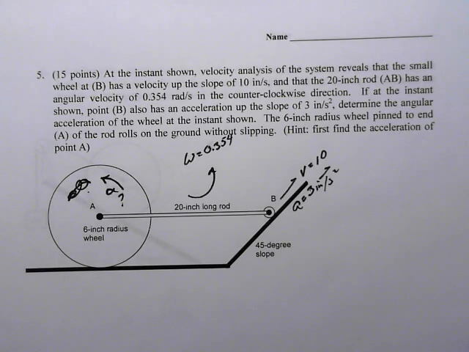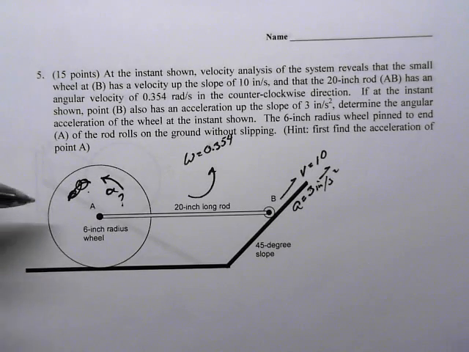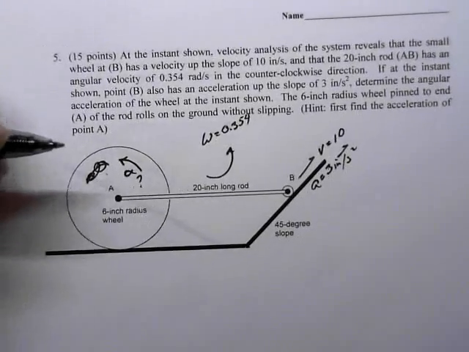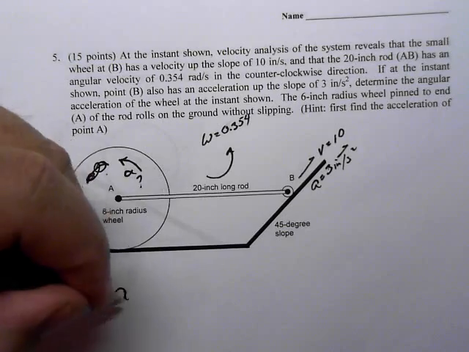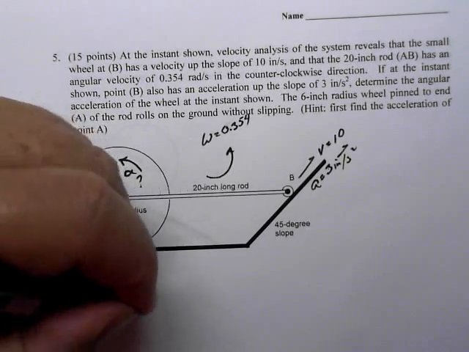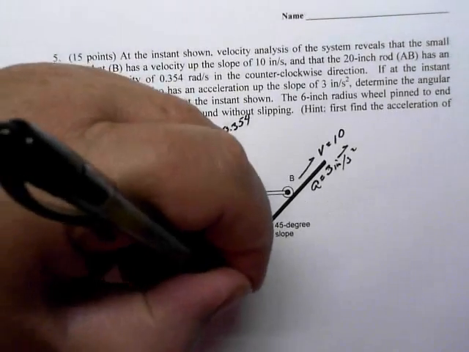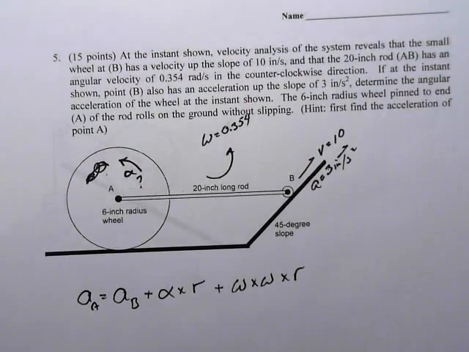Now, looks like the velocity problem has been done for us. We don't know omega of this wheel, but we may or may not need the omega of this wheel, and if we do, we'll go get it. So let's go ahead and start with the hint. It says find the acceleration of point A. So the acceleration of point A is equal to the acceleration of point B plus some alpha cross R plus an omega cross omega cross R. And now, what body are we talking about?